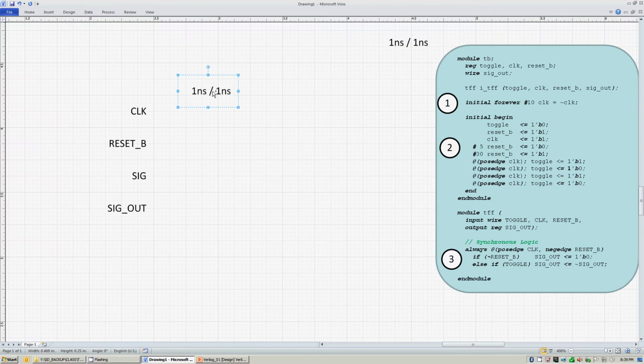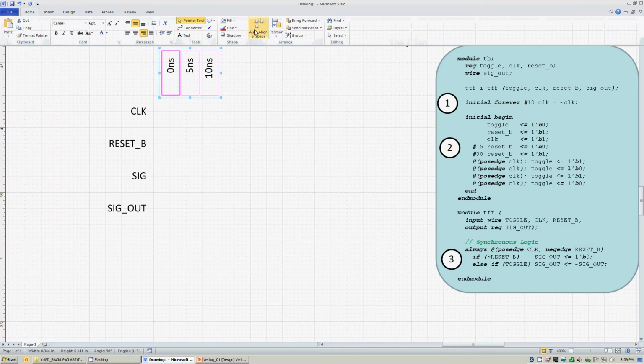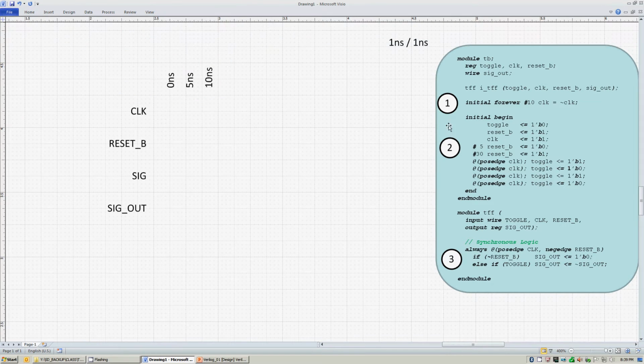So we can ignore that statement until 10 nanoseconds has passed, to keep things simple. I'm going to create some reference points so we can keep track of how the simulator is progressing. We have 0 nanoseconds, 5 nanoseconds, 10 nanoseconds. We said it's not going to do anything until here.